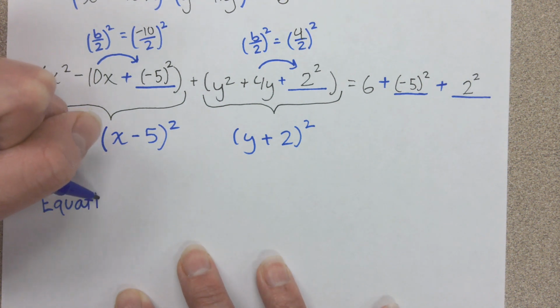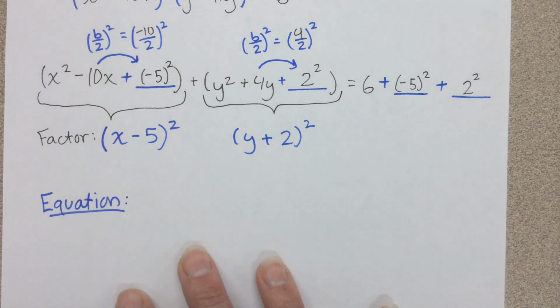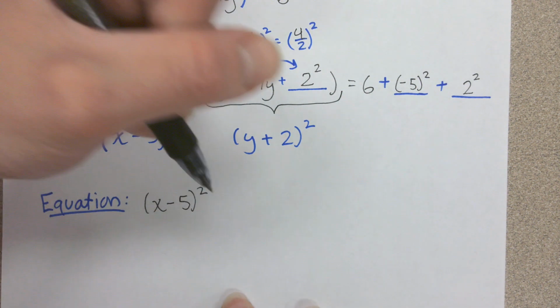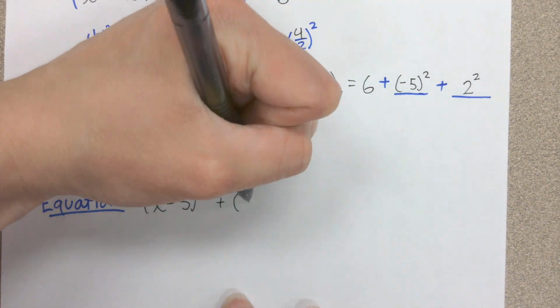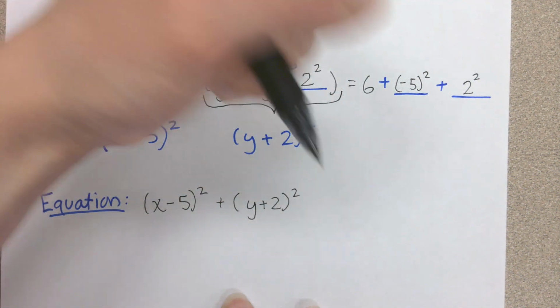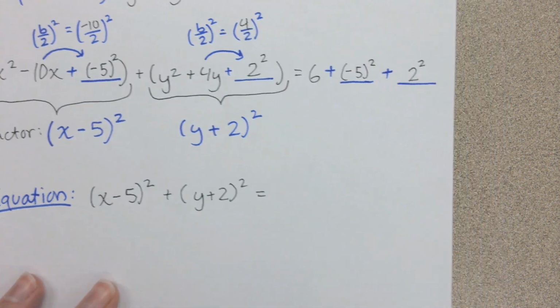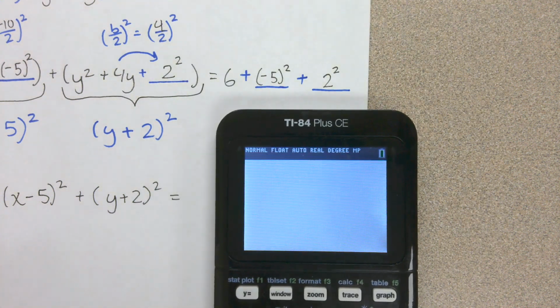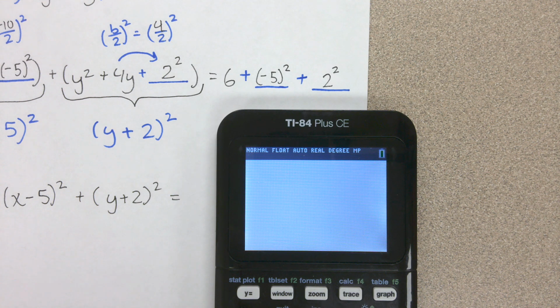My final equation is x minus 5 squared plus y plus 2 squared equals, and again you can use the calculator for the right side. Since that's a negative 5 squared, you must use parentheses in your calculator, or it'll be wrong. 35.